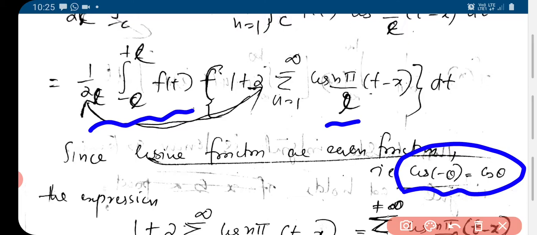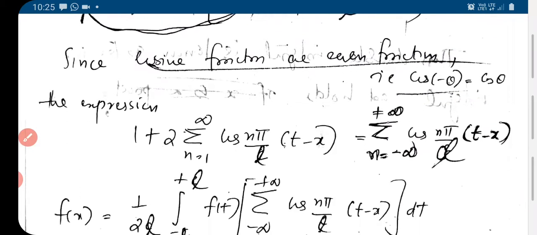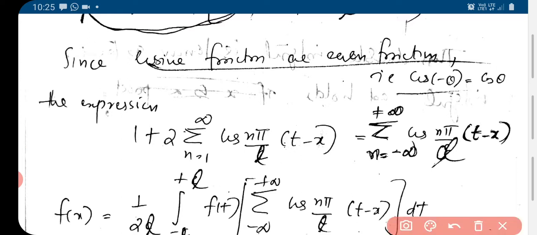Okay, so I am writing this 1 plus 2 sigma n equal to 1 to infinity as sigma n equal to minus infinity to plus infinity cos n pi by L. So the value of n can be positive or negative, and it will yield the same value.